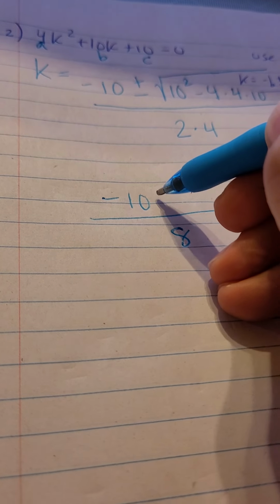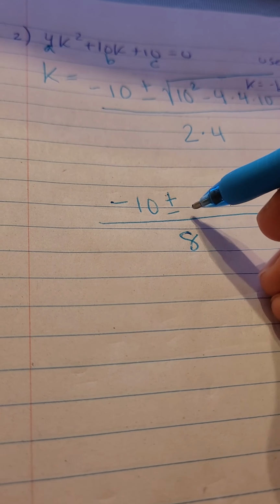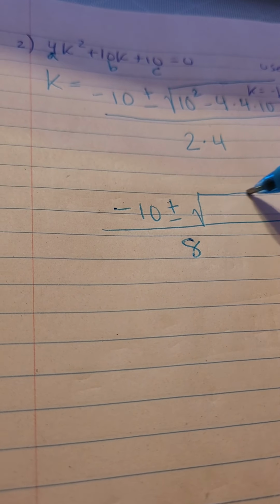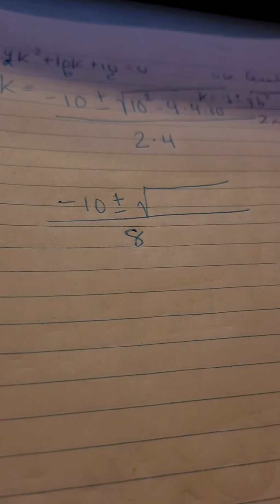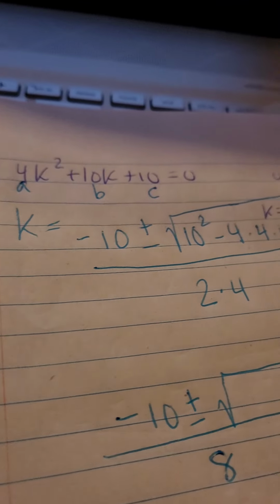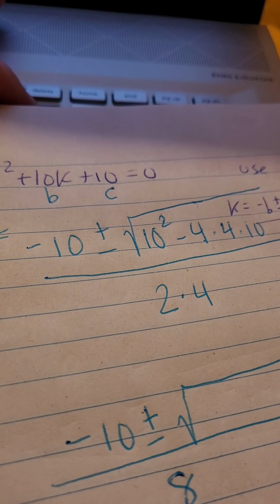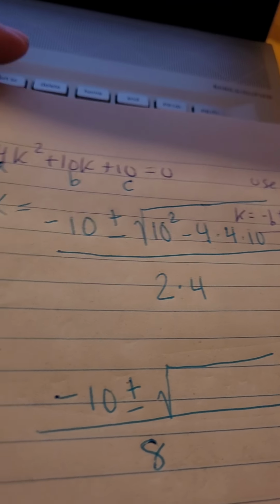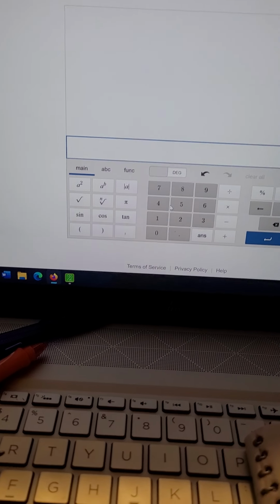Negative 10. Since I've chosen problems where I want you to practice taking out the i, I know that all the other stuff in blue inside the square root is going to get us a negative number inside the square root. So let's see how that looks on the calculator.